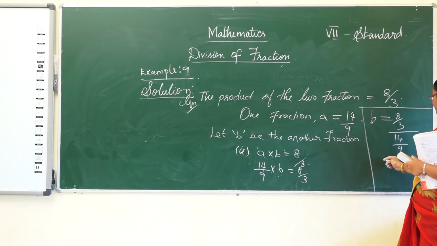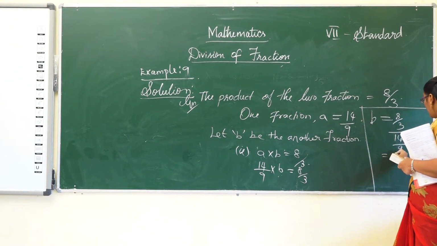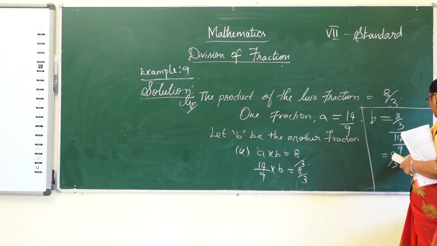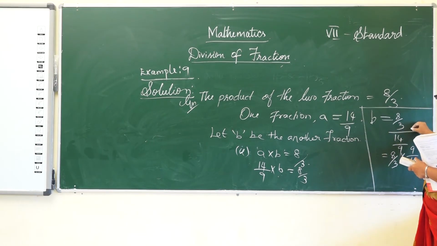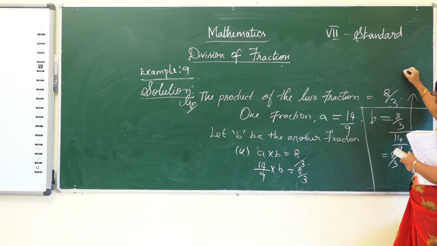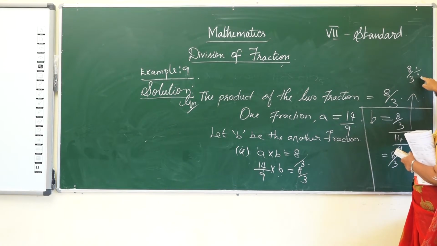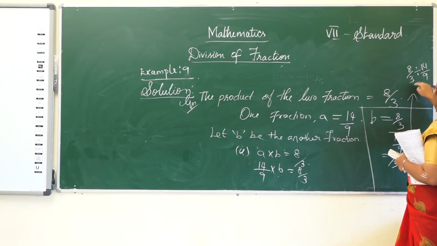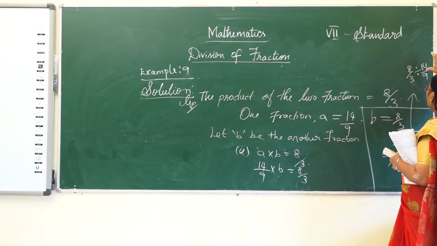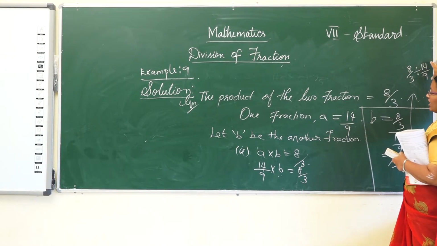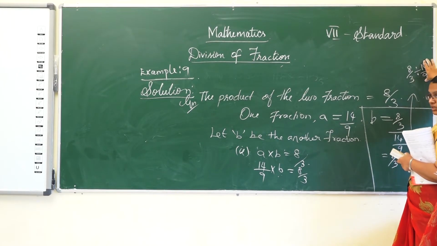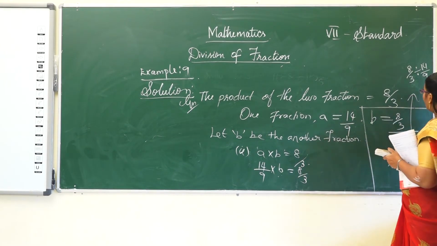Now we can write 8 by 3 times the reciprocal. What is the reciprocal? 9 by 14. If you can't understand this, see another method. Division of a fraction by a fraction: we multiply the fraction by the reciprocal of the other fraction.